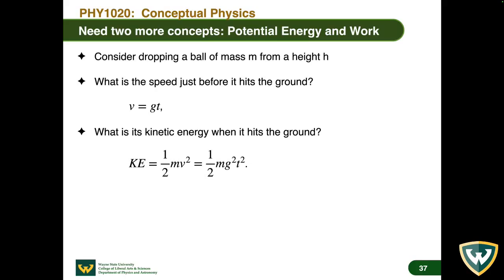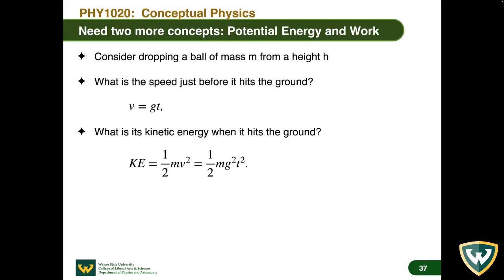So we can ask ourselves, what is the kinetic energy as the ball hits the ground? The kinetic energy is 1/2 mv squared, and v is gt. So the kinetic energy is 1/2 m g squared t squared, which I obtained by substituting the value gt into the expression for v squared.